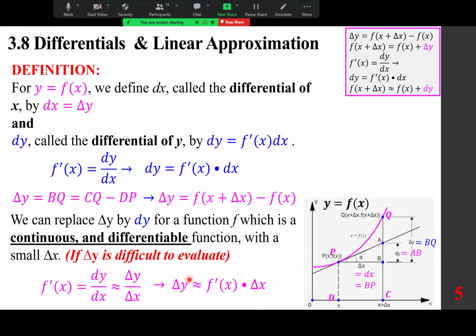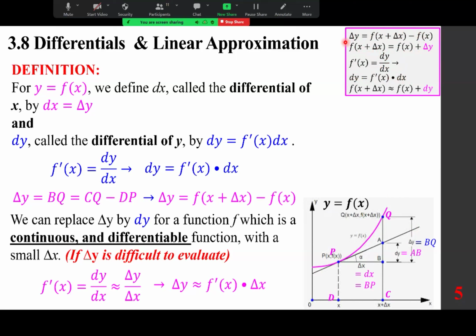So in short, delta y is defined as f of x plus delta x minus f of x from the graph. If I move negative f of x to the right, it becomes positive f of x, and it gives rise to this equation: f of x plus delta x equals f of x plus delta y. We know f prime is dy over dx, which means dy is f prime of x times dx.